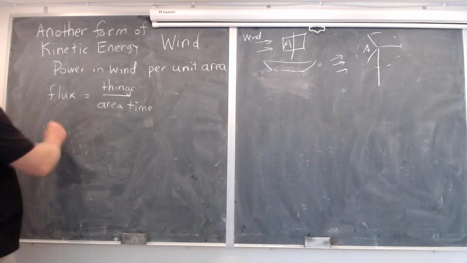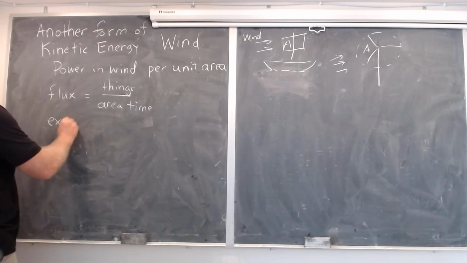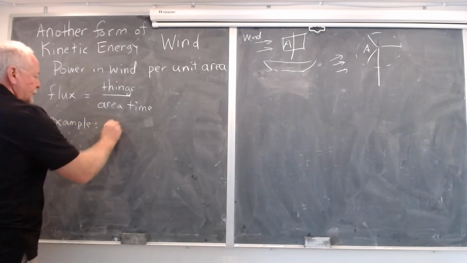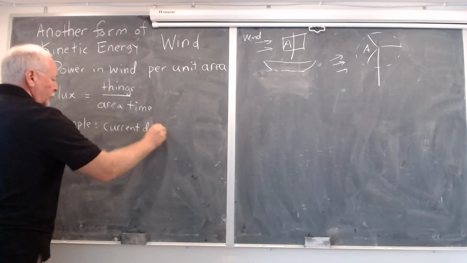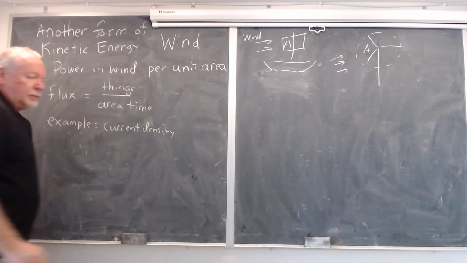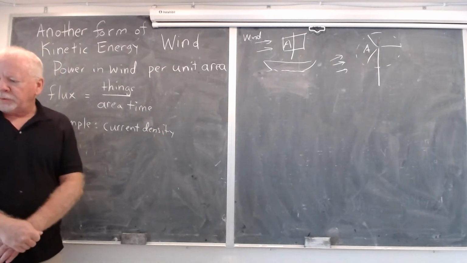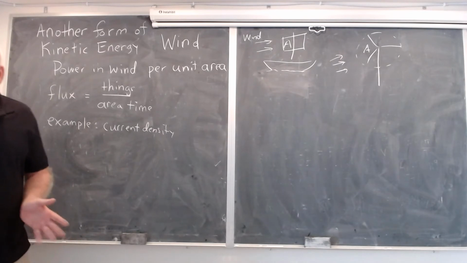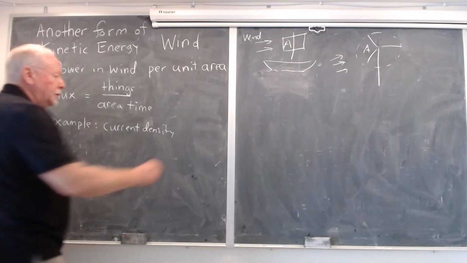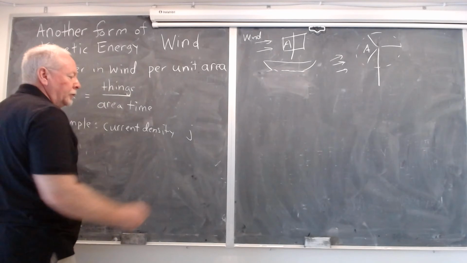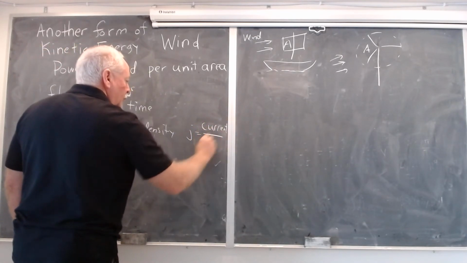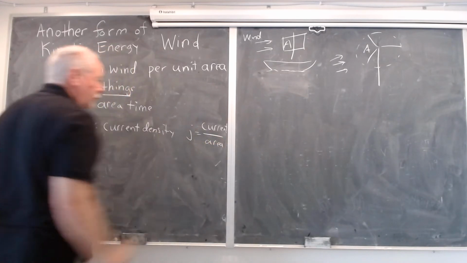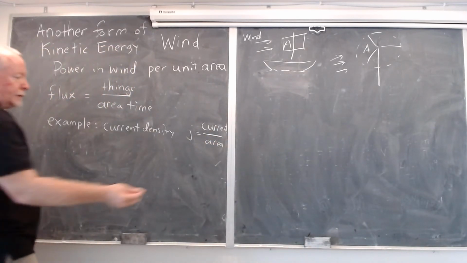Examples of flux, for example, is current density. Since this is a course in electrical engineering, though I know a lot of you aren't electrical engineers in the course, J is the current per unit area. Well, what is current?